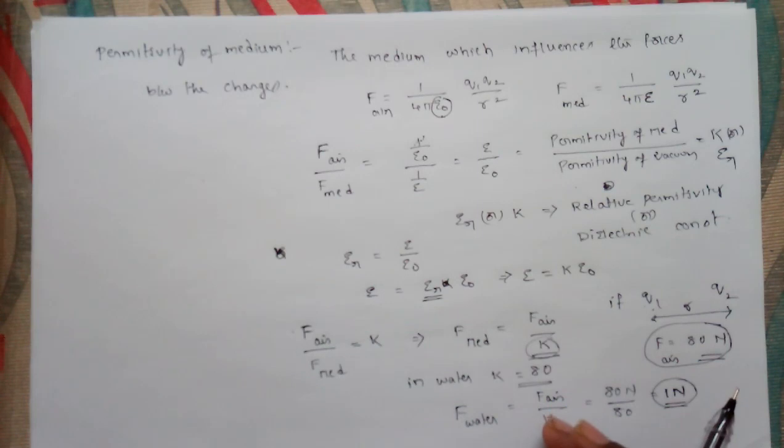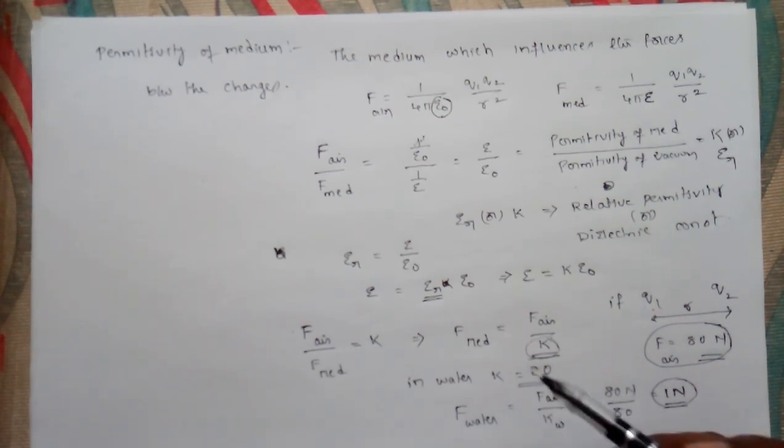This is the thing you should understand clearly. The permittivity of the medium influences the forces. How many times it reduces is based on the relative permittivity, or what we call the dielectric constant. So when the medium changes, the force is reduced by the dielectric constant times.